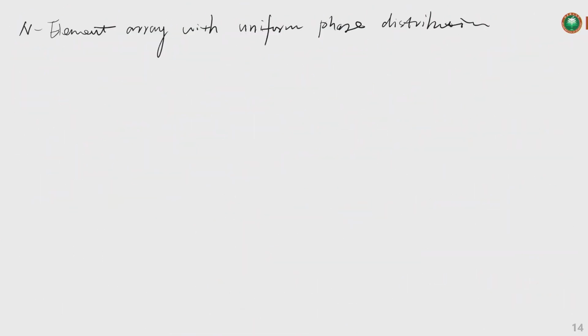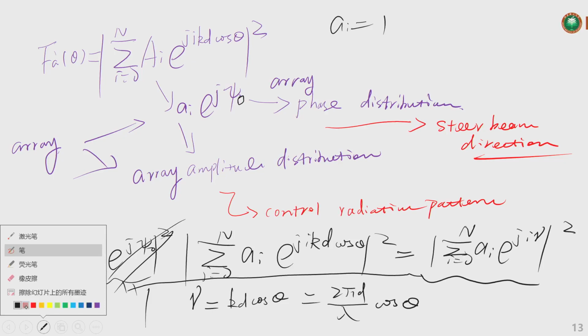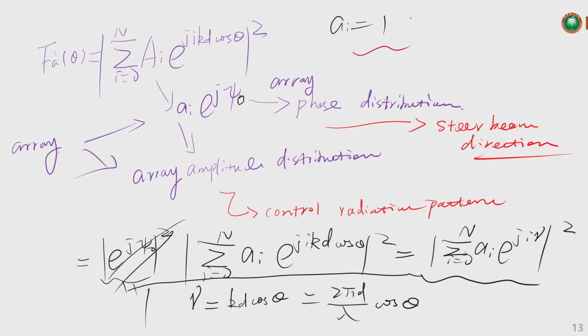Okay. So when we express it like this, then we can do more calculations. For example, if we set the amplitude distribution A_i always equal to 1, then this part is equal to the sum of n terms e^(j i gamma), squared.